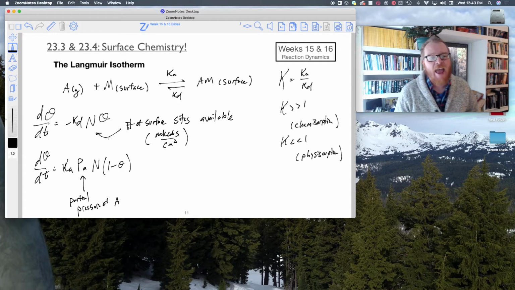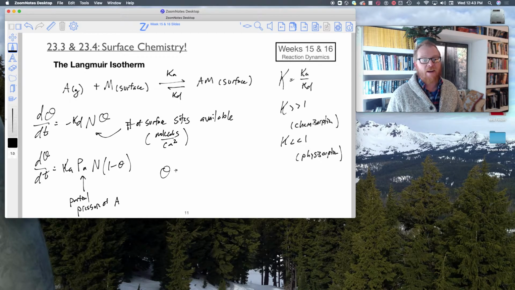Okay, and N and theta still mean the same thing. As it turns out, we can show using the steady state approximation that theta, the number of monolayers on the surface, is equal to K, this equilibrium constant, times the partial pressure of A, divided by 1 plus K times Pa.